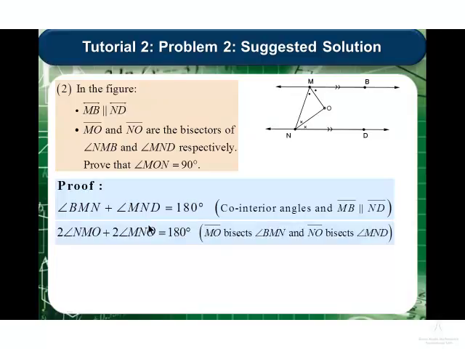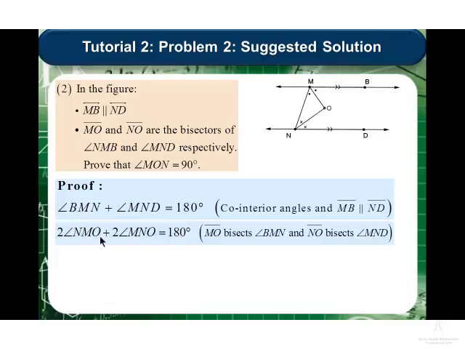Furthermore, we're given that the angle BMN is twice the angle NMO. Can you see, since MO is a bisector, it divides the angle in two equal parts, and in this case it means that we have in the place of angle BMN twice the angle NMO.